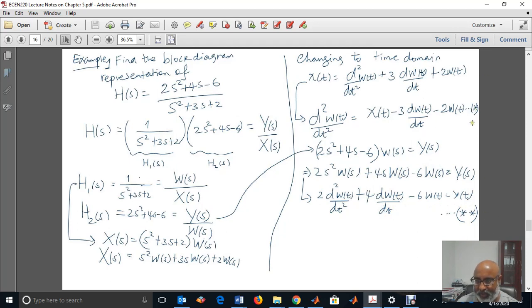Using these two equations, we can draw the block diagram representation. The first is this one. Remember, this is the second derivative of w of t by dt squared, x of t minus 3 dw by dt minus 2 w of t, and the second equation is relating w of t to y of t: 2 times second derivative of w of t plus 4 first derivative of w of t minus 6 w of t is equal to y of t.